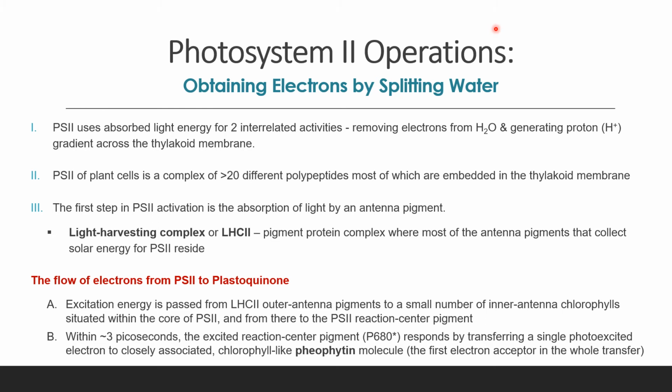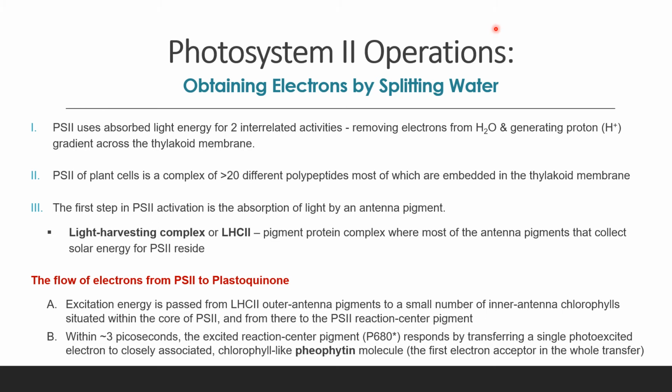And from there, at the photosystem 2 reaction center, within around 3 picoseconds, the excited reaction center pigment P680 responds by transferring a single photoexcited electron to a closely associated chlorophyll-like pheophytin molecule. The pheophytin molecule is the first electron acceptor in the whole transfer.